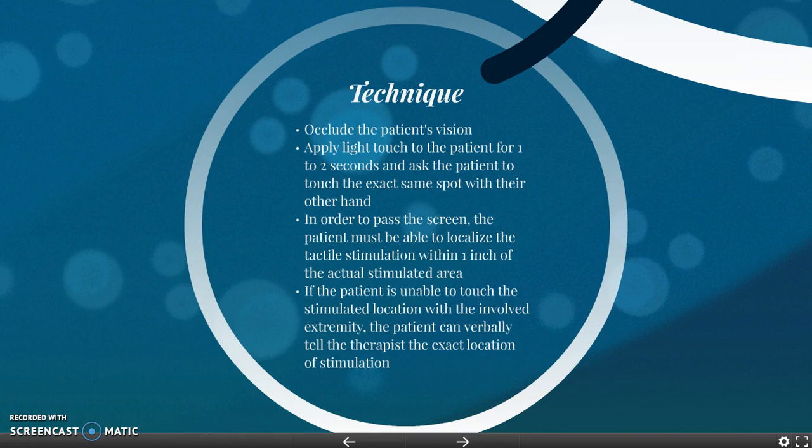And in order for the patient to pass the screen, they must be able to locate within 1 inch where the actual stimulation occurred. And if the patient is physically unable to touch the stimulated location with the involved extremity, such as if they had a stroke and they're not quite able to move that arm, the patient can verbally tell the therapist the exact location of the stimulation.